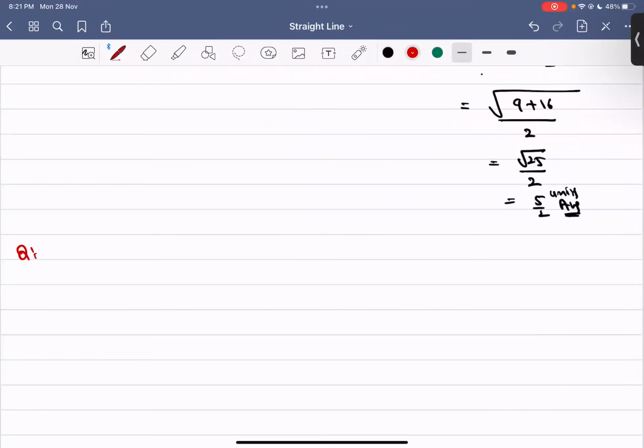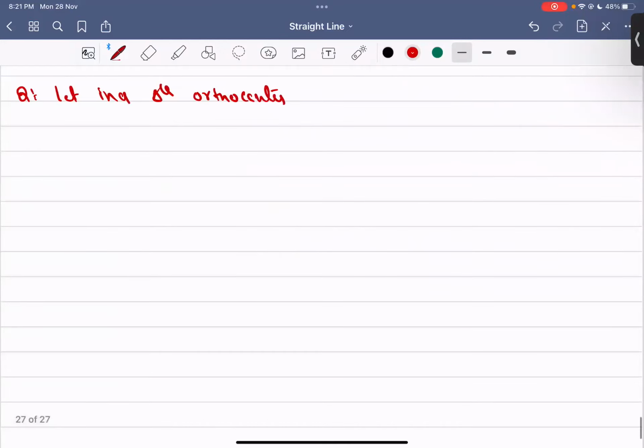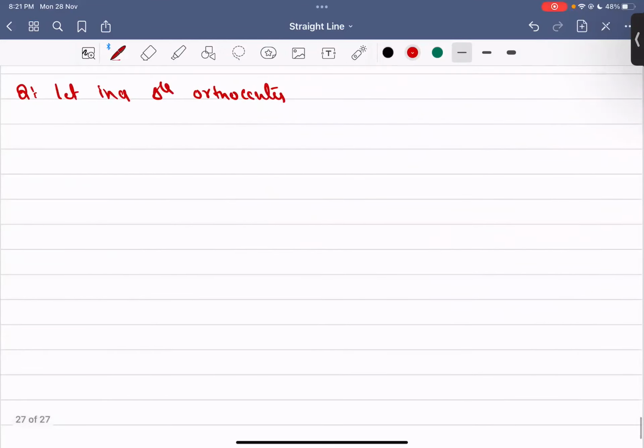Let in a triangle ABC, the orthocenter is (3, 4) and the centroid is (5, 9).